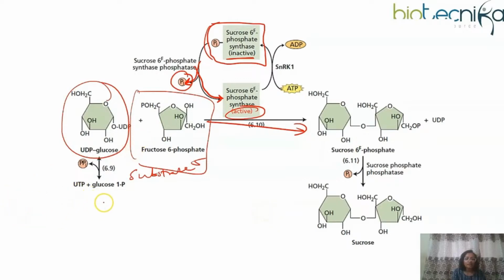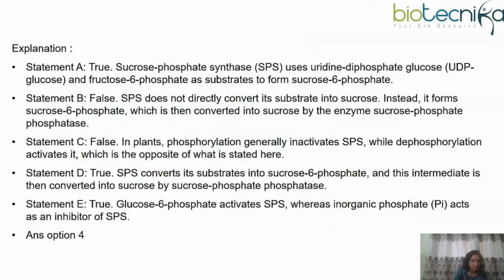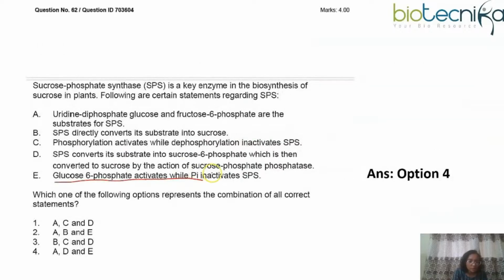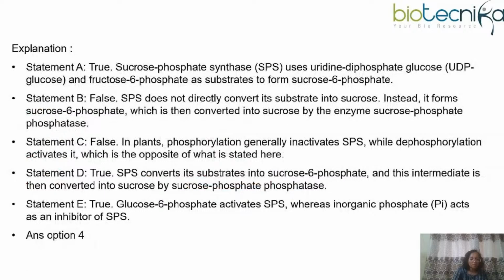Pi, inorganic phosphate, suppresses the activity of SPS, it inactivates SPS. So the last sentence is also correct. So A, D and E are the correct statements and the answer is option 4.